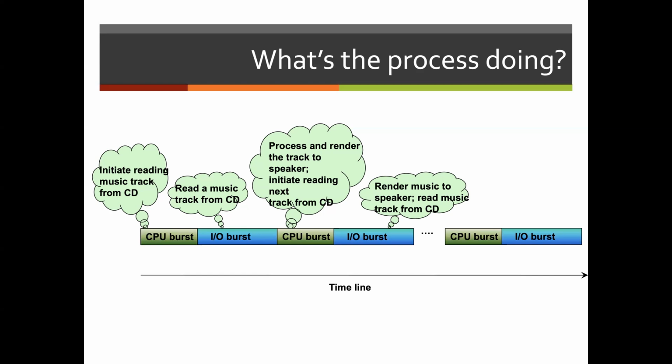And when we say a burst, what we're doing is denoting the amount of time a process would run for a CPU without making an IO call. And then we'll basically denote that a CPU burst of a process is the time interval of continuous activity on the CPU by that process before it makes an IO call.